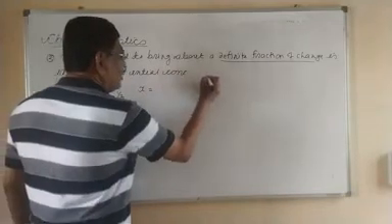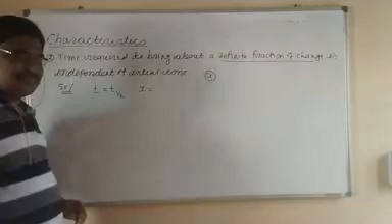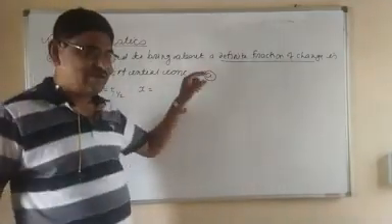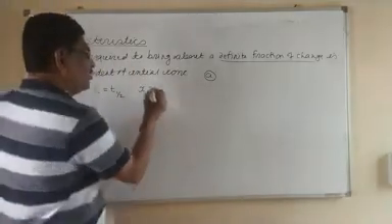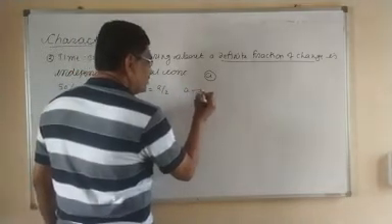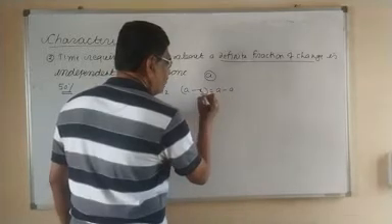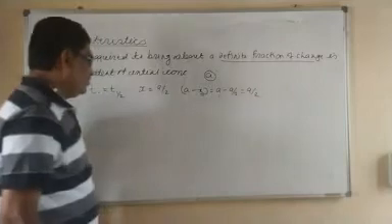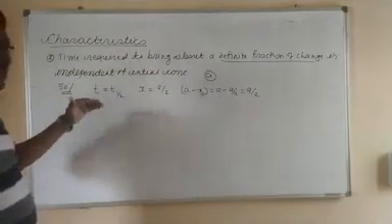If small a is the initial concentration, then x will be a by 2, because we are considering half change. And a minus x is equal to a minus a by 2, that is a by 2.